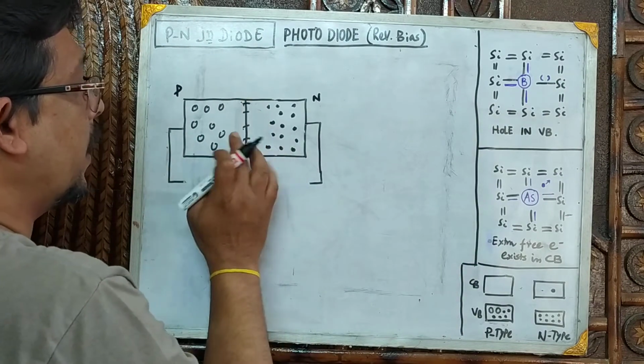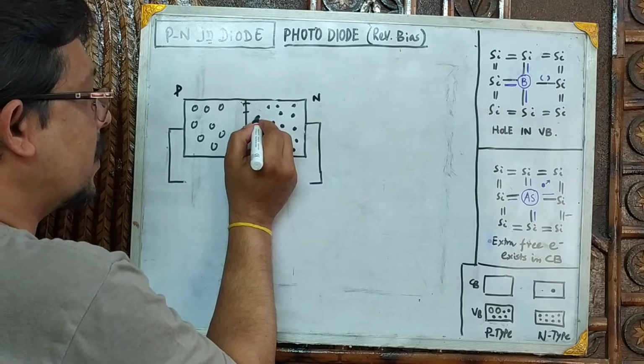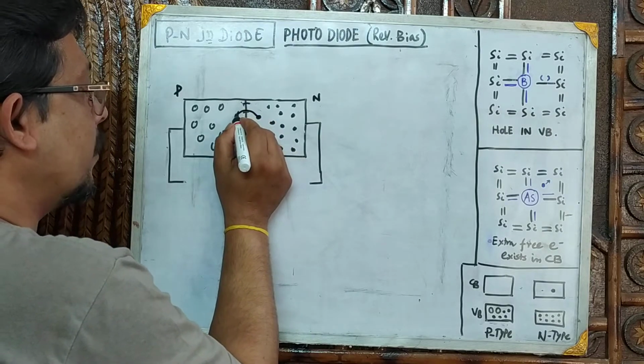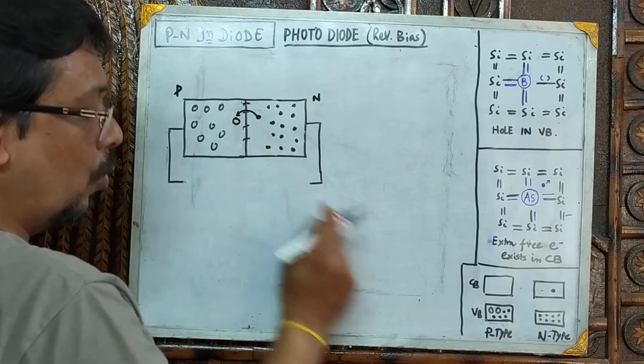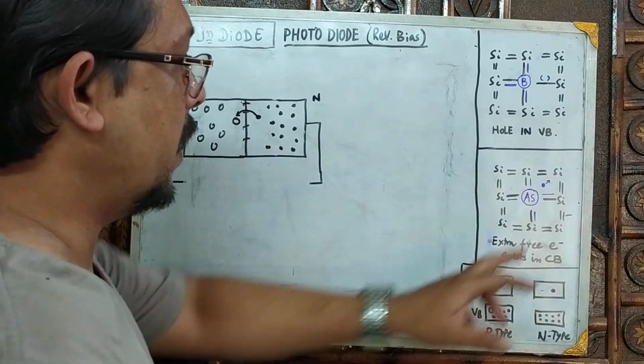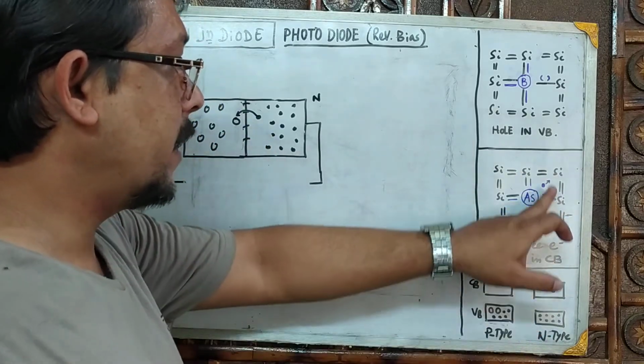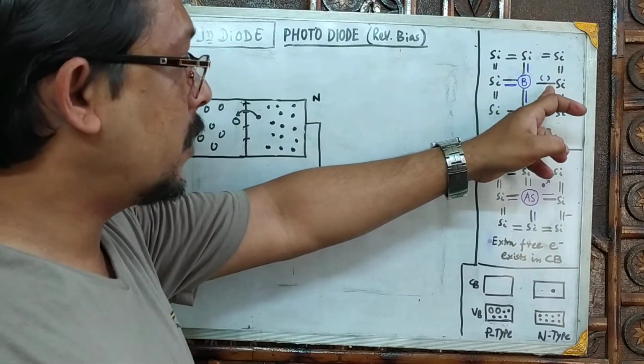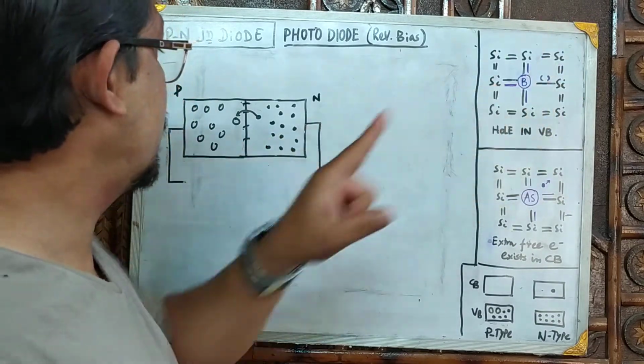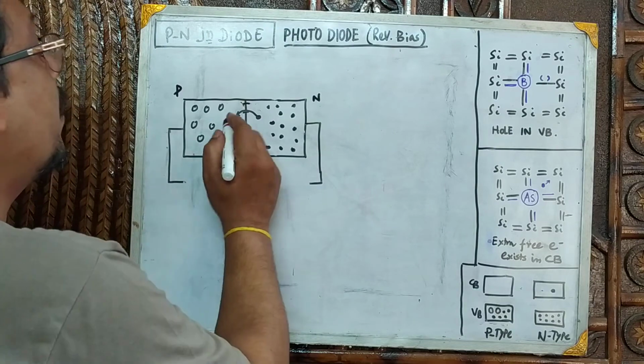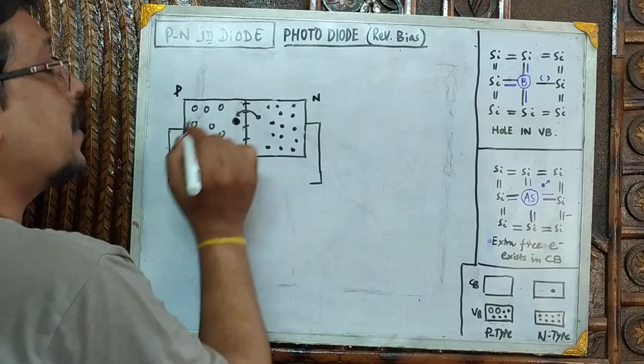So in this way, when the electrons of this side come to this side and occupy the space of the holes, this free electron of the conduction band occupies the space in the valence shell only, this positive one. When they occupy this, they make an octet-completed silicon atom.